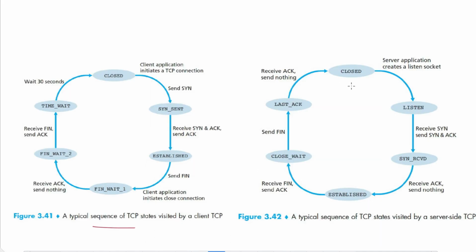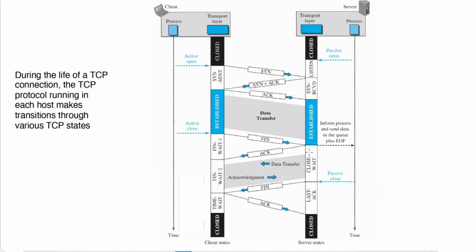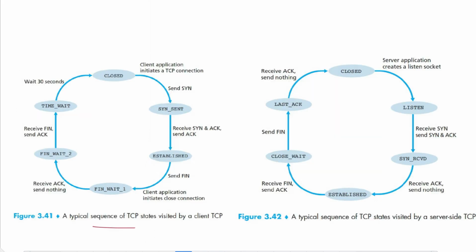So here I have the whole diagram, and then it will go to the close wait state, which means once it sends the ACK, it accepts that it can send data to the client, but the client cannot send it data. This state is called the close wait state, which means the server is just waiting for the connection to be terminated from its side. Once it sends the FIN packet, it will go to the last ACK state, and then it will again go to the closed state.